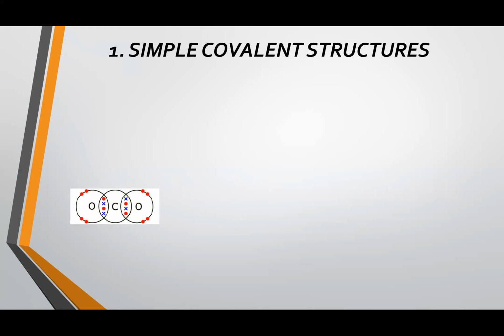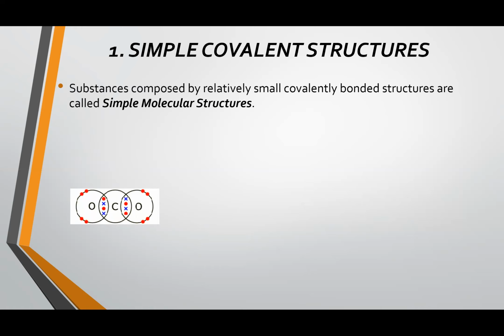Simple covalent structure. A simple covalent structure is when a substance is composed of a small number of atoms which are bonded to make discrete molecules.